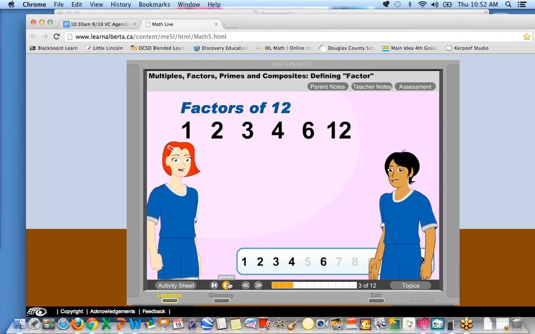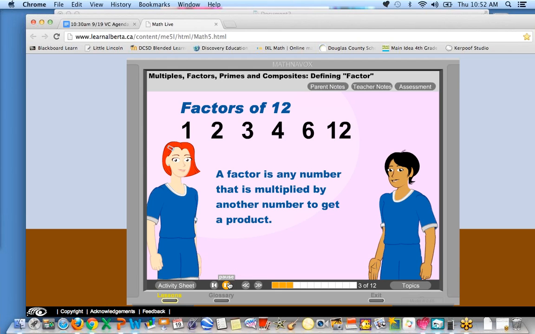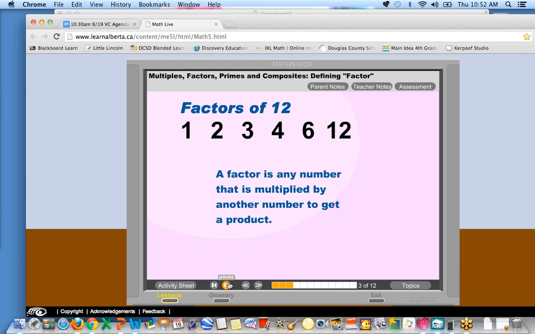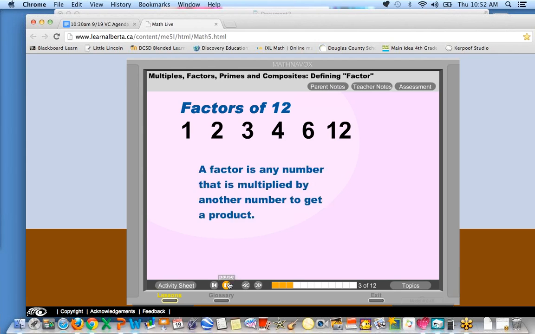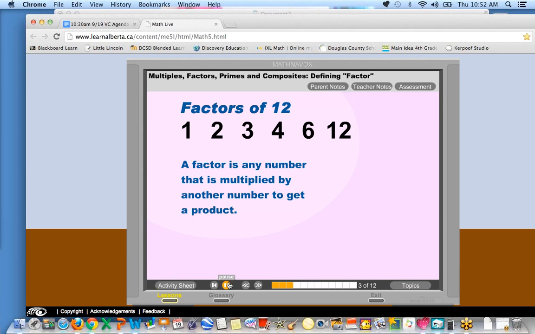Let's take a look at factors. A factor is any number that is multiplied by another number to get a product. In our example with the chairs, we discovered all of the numbers that can be multiplied by each other to get a product of 12.